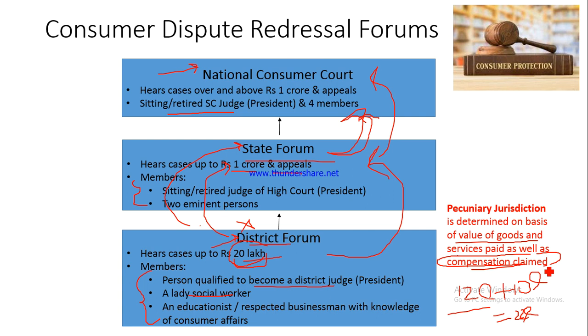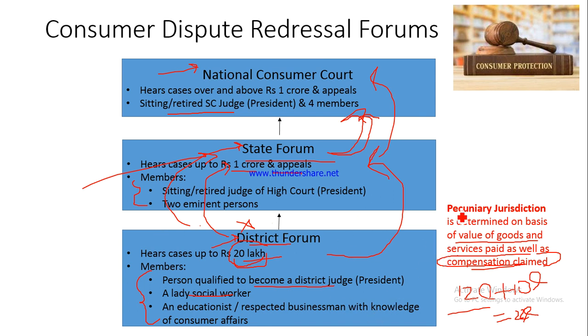But suppose you want to claim a compensation of 25 lakhs. Then the total amount would be 40,000, the value of the good, and 25 lakhs, the compensation being claimed by you. So the total amount would be 25 lakh 40,000, and you would have to approach the state forum straight away. So you would not be going to the district forum. This is how you approach the various forums, right?